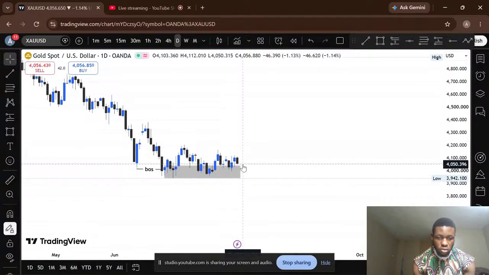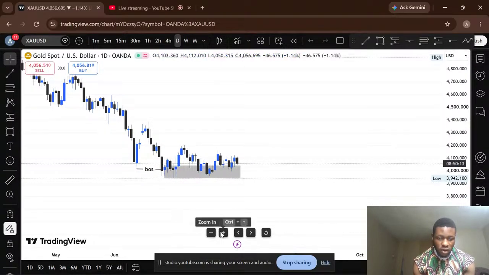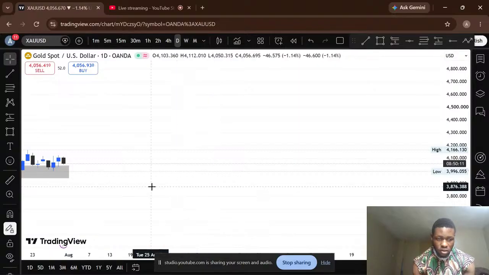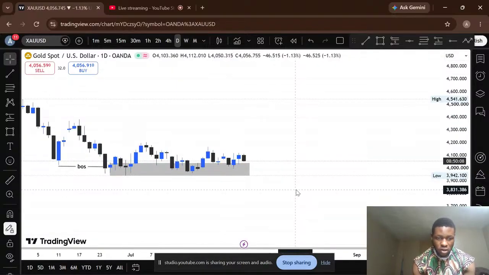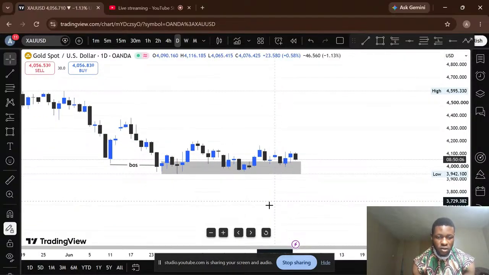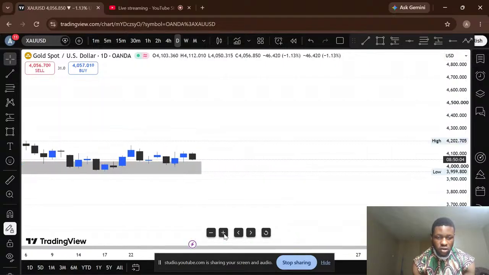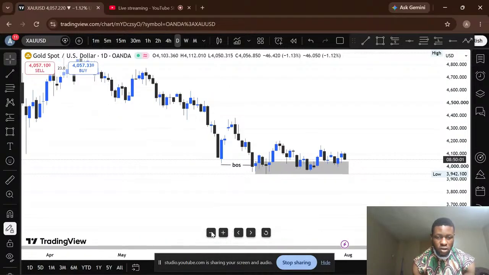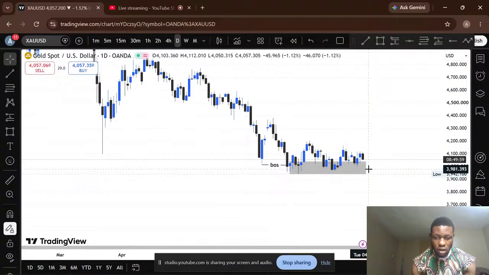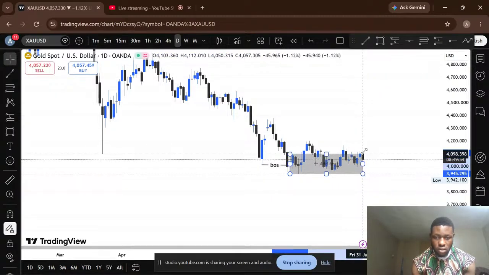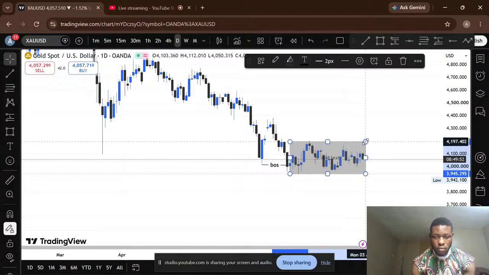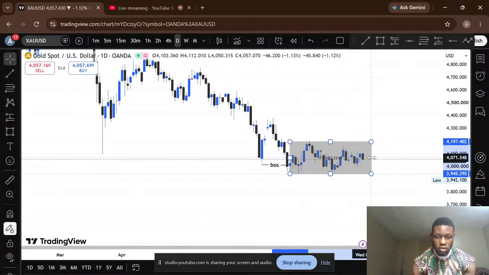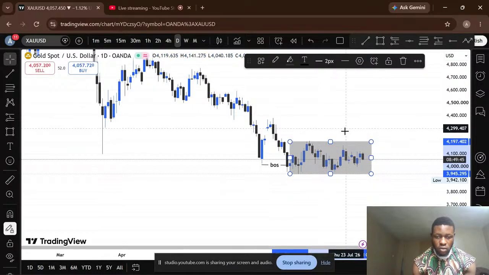If you look at this zone, this is the recent market price movement. What is happening here on a daily time frame is simply price consolidating at a key support zone. Price is consolidating. We want to see a break below or a break above.